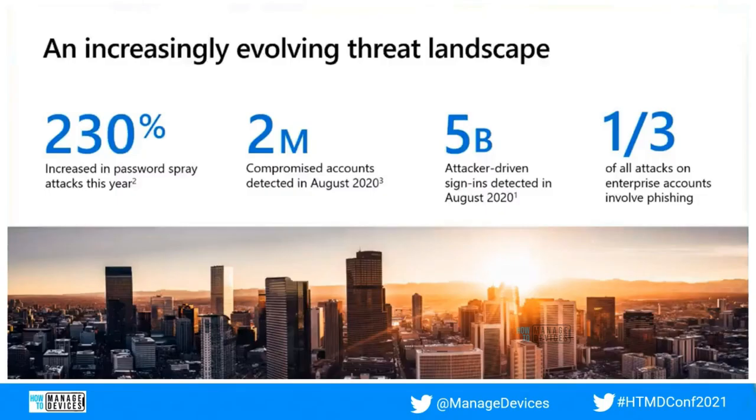So if you're somebody who's coming from a security background, maybe from cybersecurity, or you've been doing cloud security, you know for a fact that password spray, compromised accounts, and phishing have been the known attack vectors used by hackers of late, and that has always been the case. Any kind of attack which comes to a large enterprise has always been in this three-fashion, and this has been the topmost.